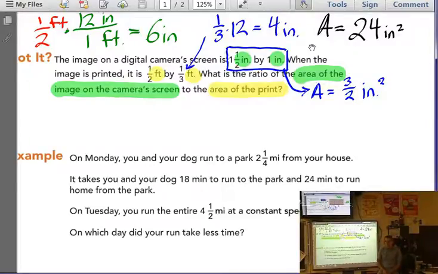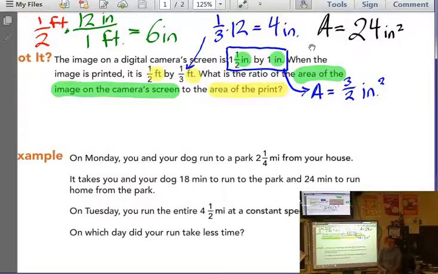Anyone confident to set up this ratio? All we really need to know is the order of the setup, and from there, like all of them, we keep, change, flip it, and then multiply through. Justin, is that a hand? What? Not anymore.